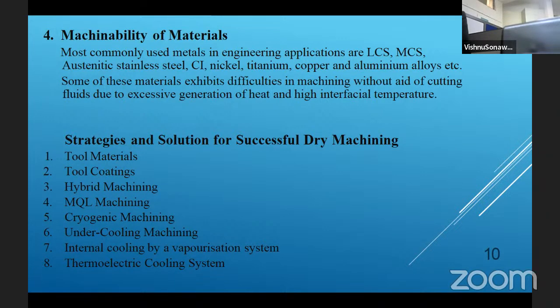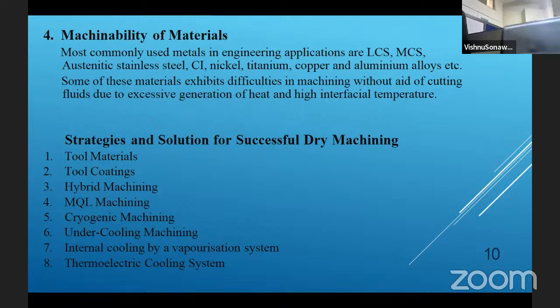Here, the most commonly used materials in engineering applications are austenitic stainless steel, cast iron, nickel, titanium, copper, and aluminum alloys, and these exhibit machining difficulties. Here, there is excessive generation of heat, with these materials and the high interfacial temperature.